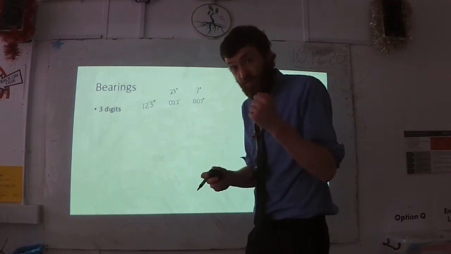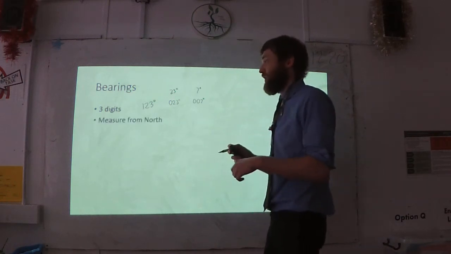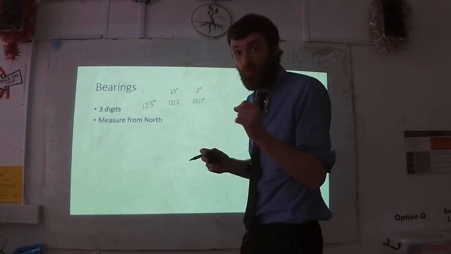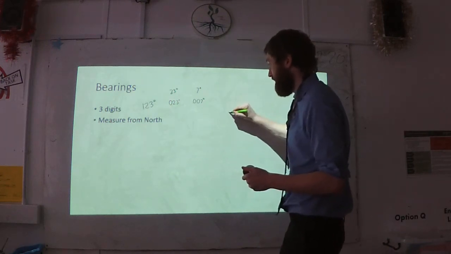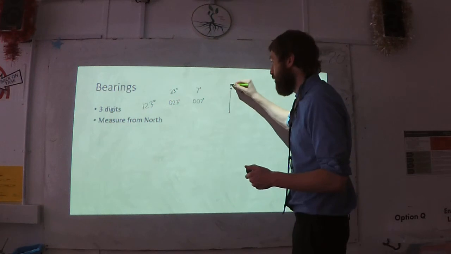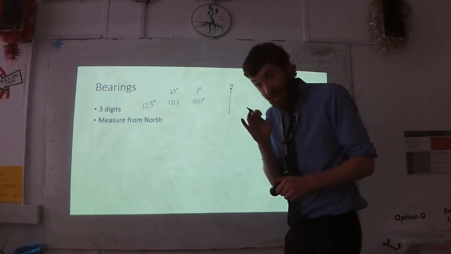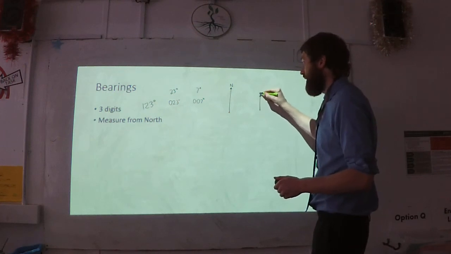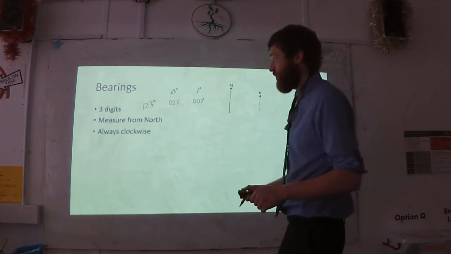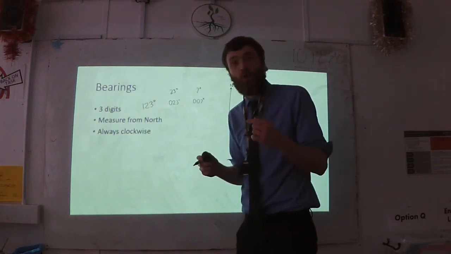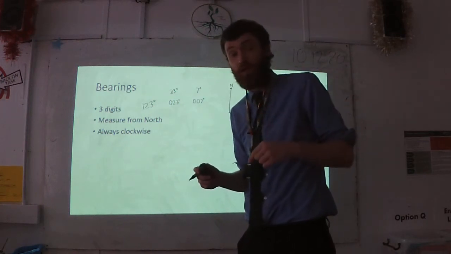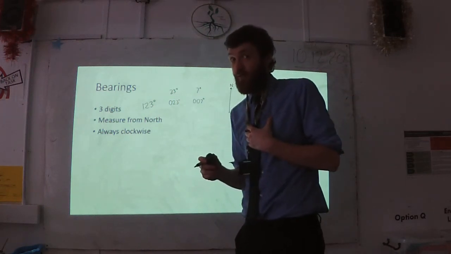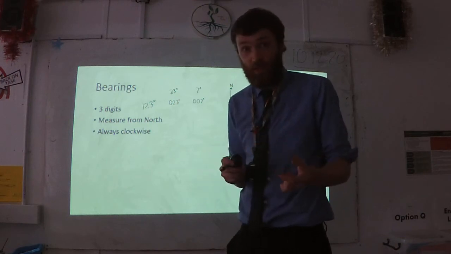3 digit bearings. Right, next one, it has to measure from north. Whenever you get a bearing, draw a north line immediately. That is the rule. Whenever you get a bearing, have a north line immediately. And the last one, always got to be clockwise. We always measure clockwise. Now, a few of you, I hope not many of you, are going to panic about what's clockwise, anti-clockwise.